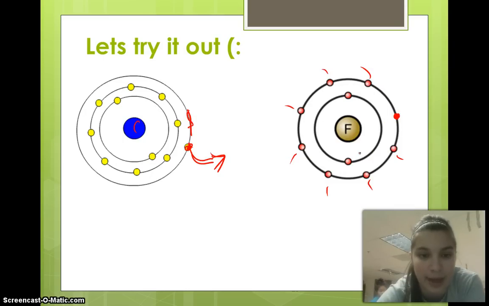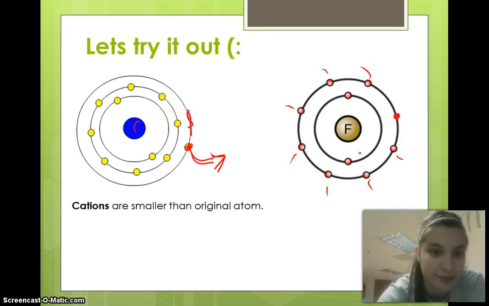Alright, so let's recap a bit. Cations, which is this one right here, are smaller than the original atom because they lose an energy level as electrons are being given away.